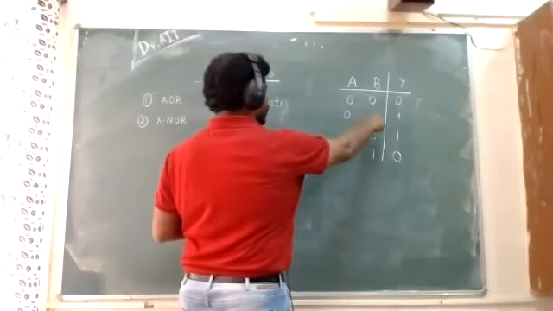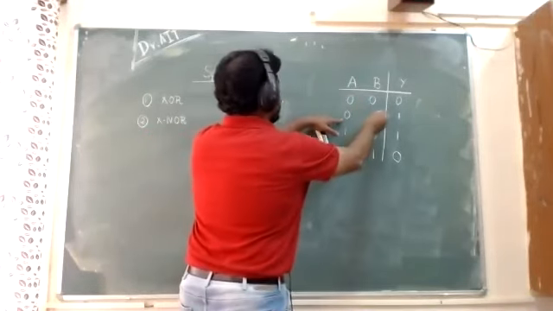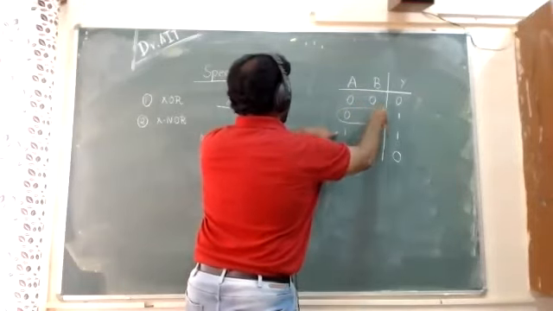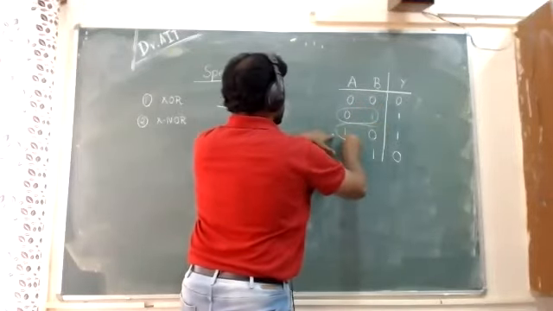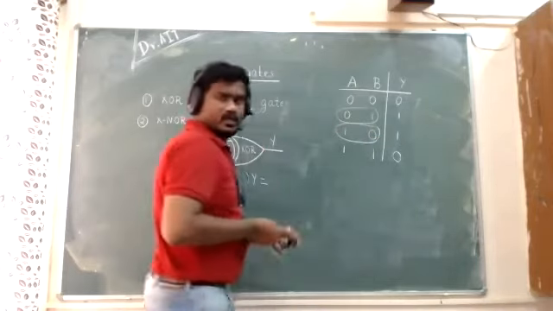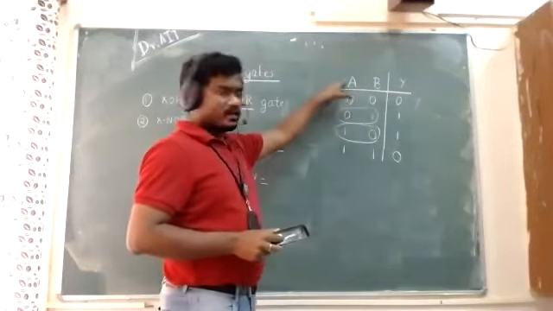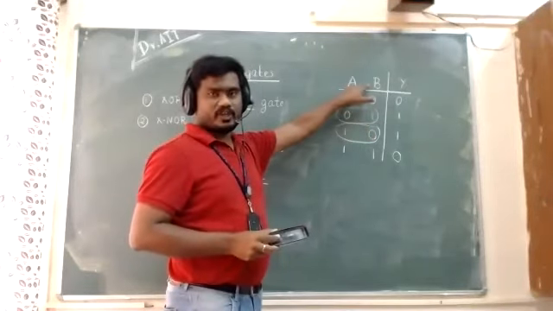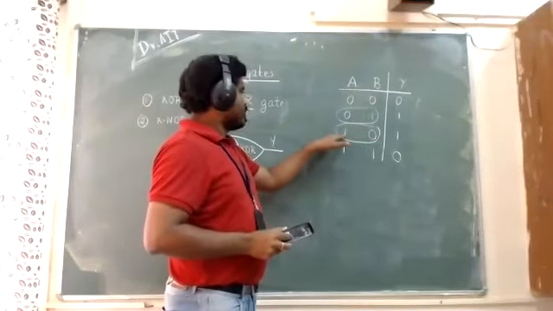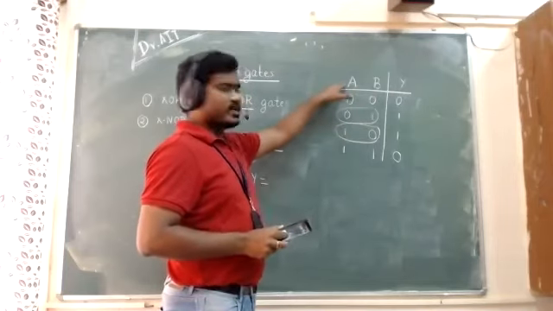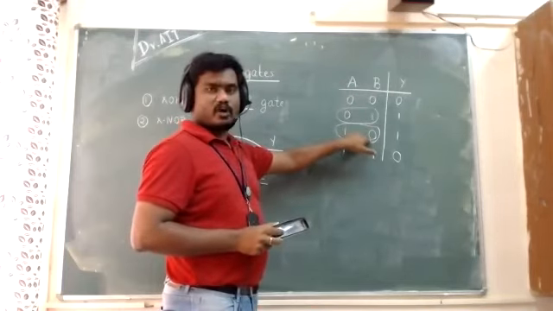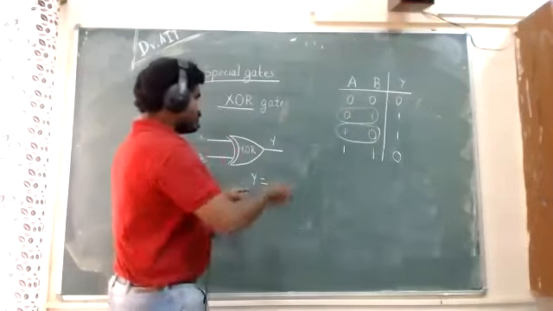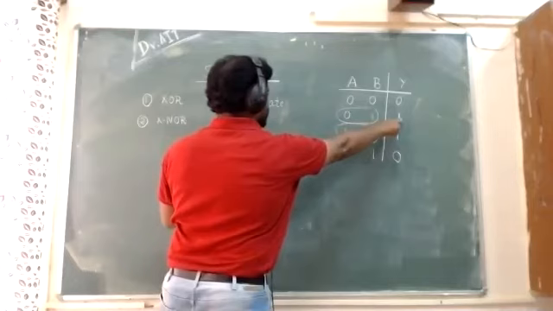So I will take those two conditions. This combination is A bar, and this input bit is in the true form of the input B. And here 1 is there, so A is in true form and B is complemented. So I will find it out like this. Y is equal to, I have to consider only these.